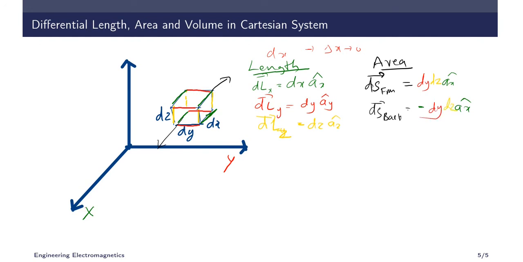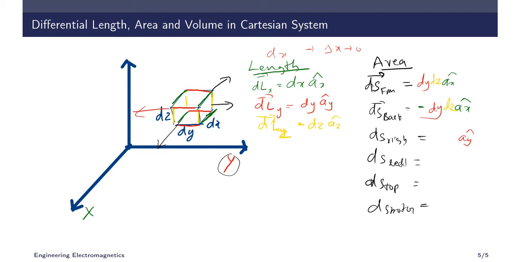Can you tell the other areas? How many areas do we have remaining? 4. They are ds right, ds left, ds top, ds bottom. Now ds right is towards the right, which is in the direction of y, so the unit vector will be ay cap, and ds left is in the other direction, so it will have minus ay cap.